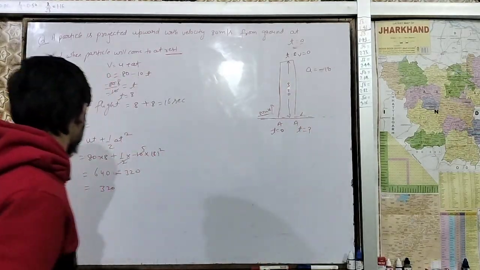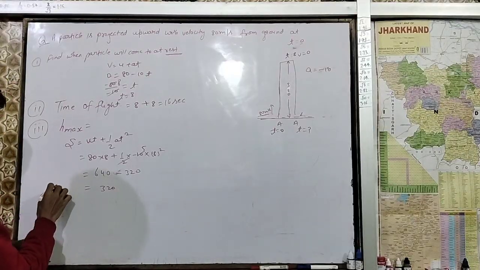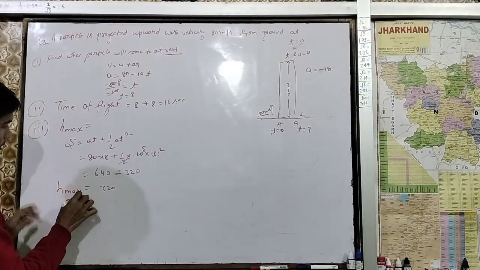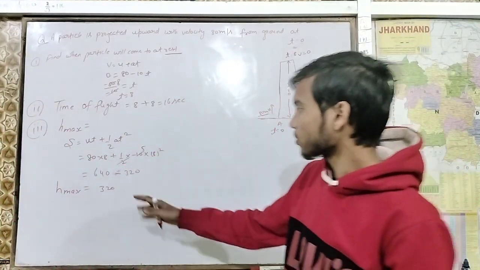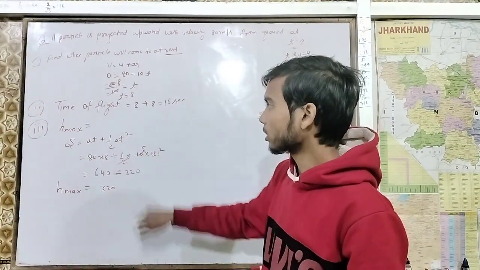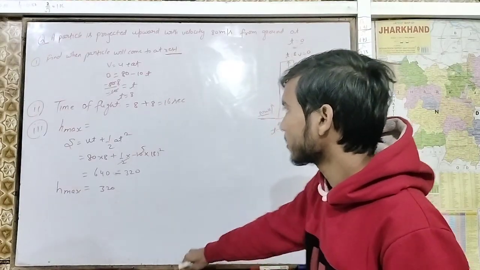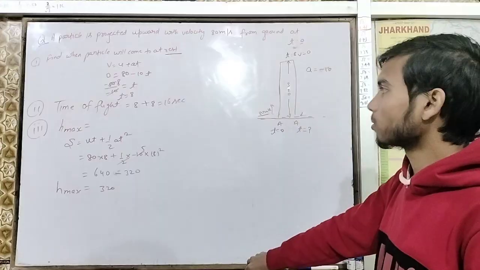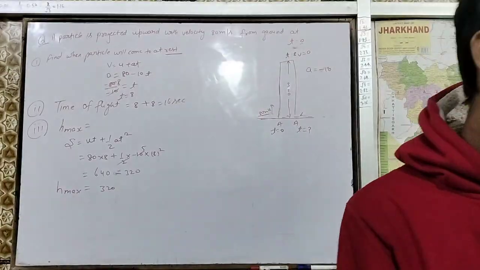So H max, the maximum height, is 320 meter. We got this number by using the second equation of motion, because it was asking for the displacement from the ground till the point where velocity is 0.